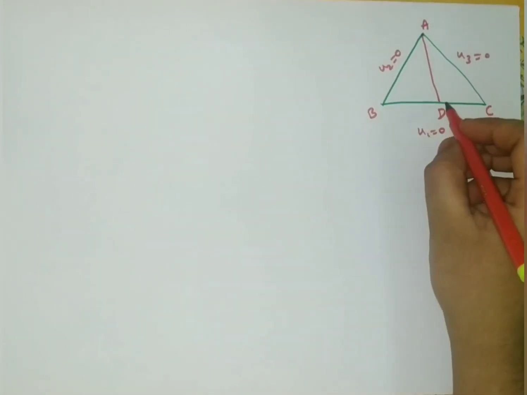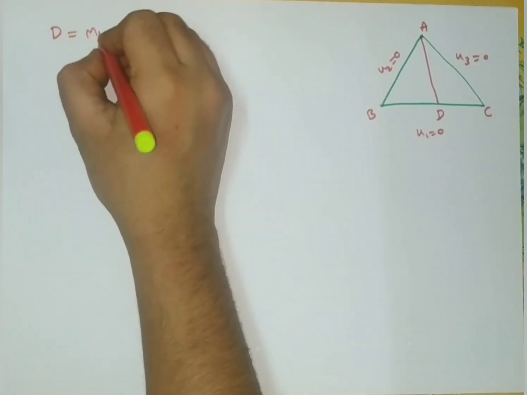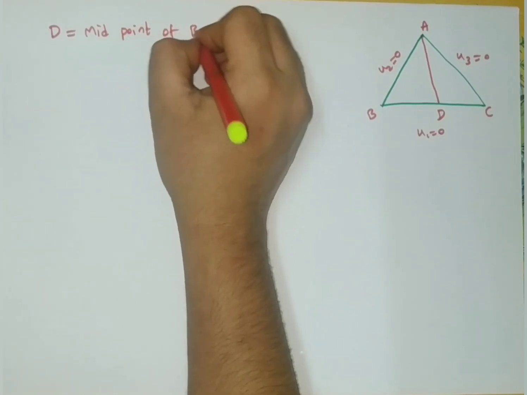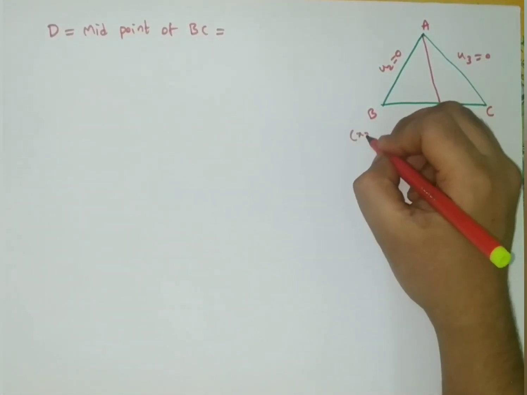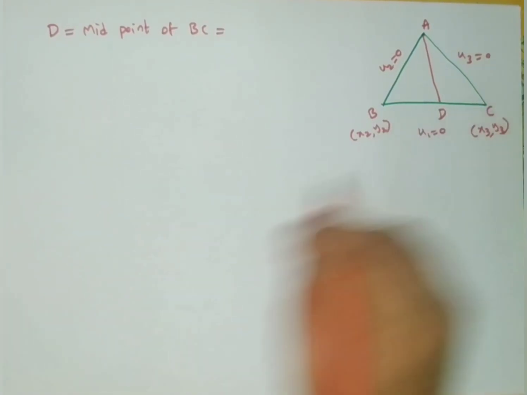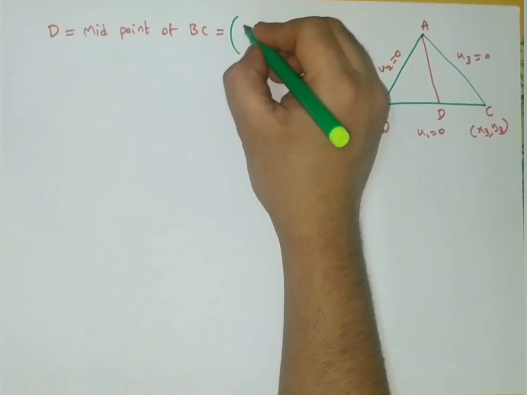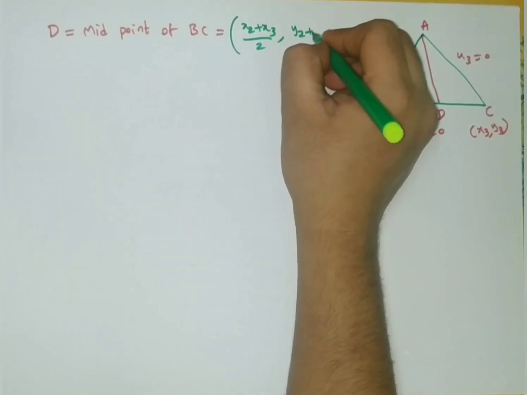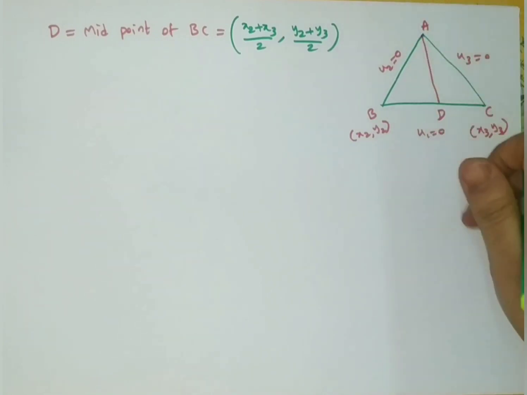Next, D is the midpoint of BC. B coordinates are (x2, y2) and C coordinates are (x3, y3), so D is ((x2 + x3)/2, (y2 + y3)/2). This point lies on equation AD.